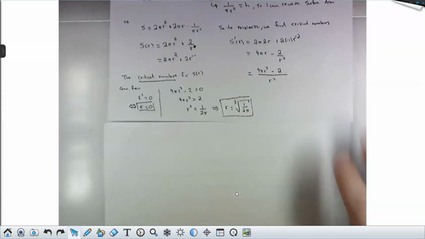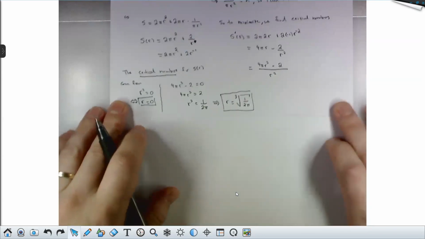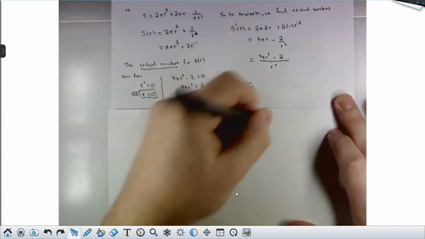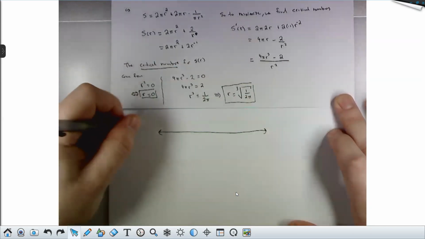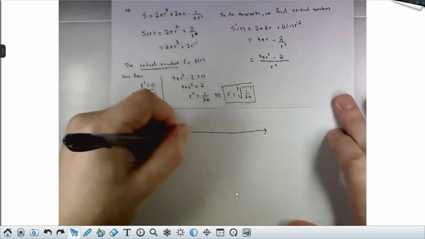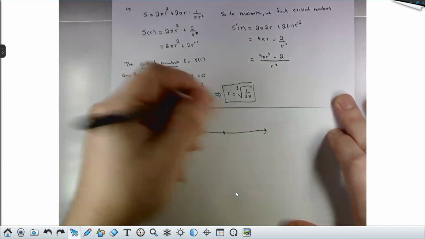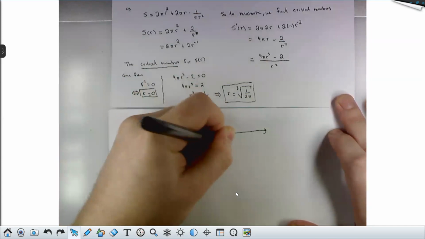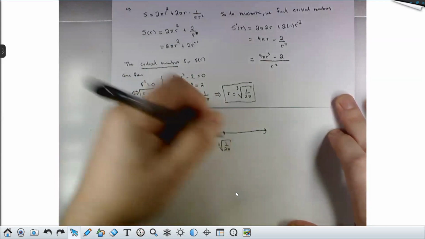But the healthy way to solve these problems is to be careful. So I'll make my number line for S prime. I'll put 0 over here. And I'll put the cube root of 1 over 2 pi here.